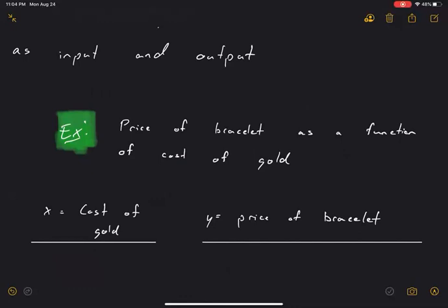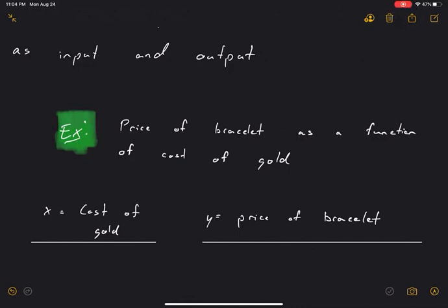I'm a jeweler and I have a bracelet to sell, and maybe the cost of gold is fluctuating, right? So maybe this bracelet's made completely out of gold, and one day the price of gold is $10 an ounce or whatever. That would mean one day my bracelet has a certain price, and then maybe the cost of gold doubles. So the next day my bracelet would cost twice as much.